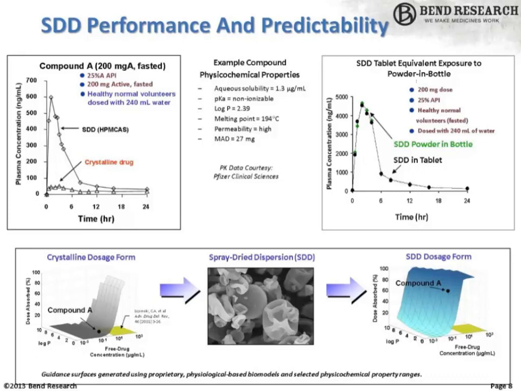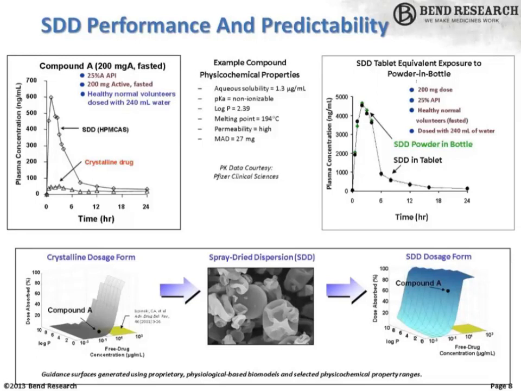That's plotted as a function of the log P, again, the lipophilicity of the compound, and then the solubility or the free drug concentration of that compound. Not surprisingly, the prediction from this biomodel suggests that compound A would be poorly absorbed as the crystalline compound. And in fact, as we've already discussed, the crystalline drug is poorly absorbed.